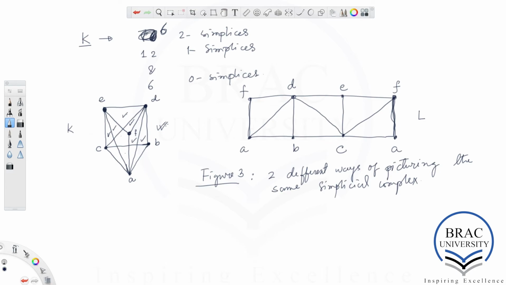Okay. So what is the abstract simplicial complex in this context? This abstract simplicial complex S has the following vertex set. V is equal to A, B, C, D, E, and F. Right? It's a 6-element set.